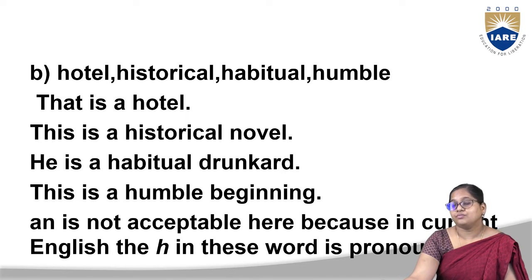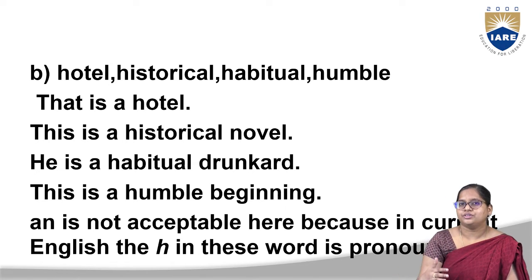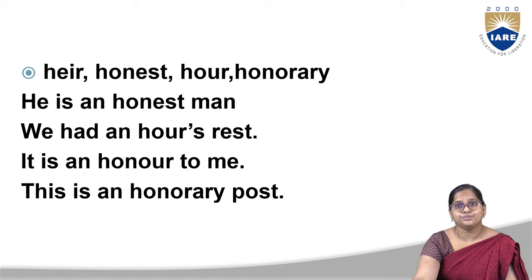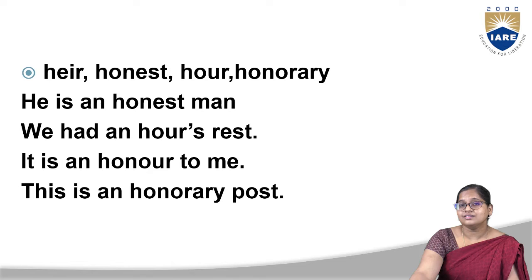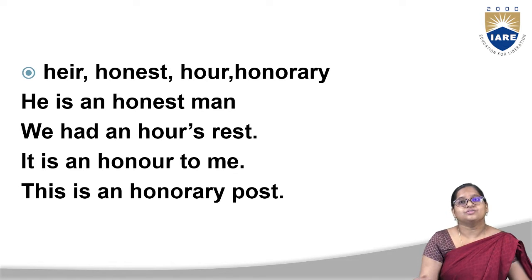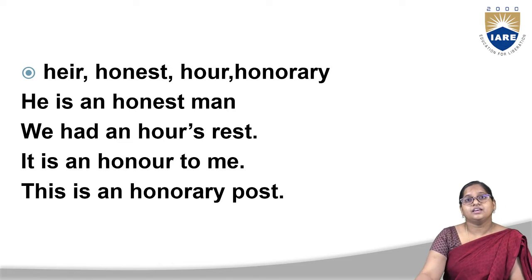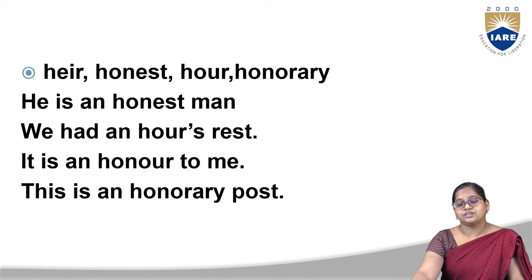Whereas words which have H but are not mute or silent take a. So you can say hotel. The H sound is there, so you use the indefinite article a. Whereas in honest, the sound is not H, the H is silent, so you take an.